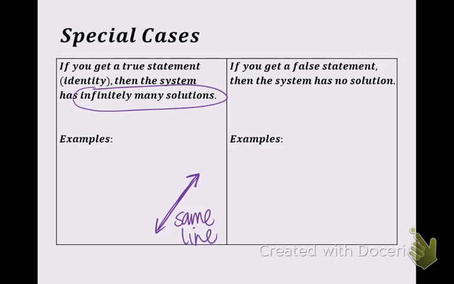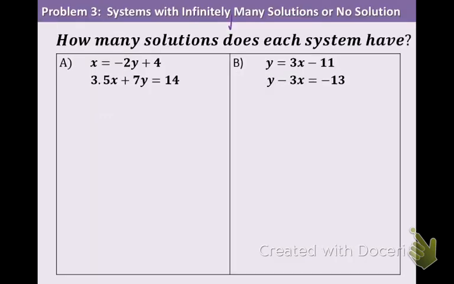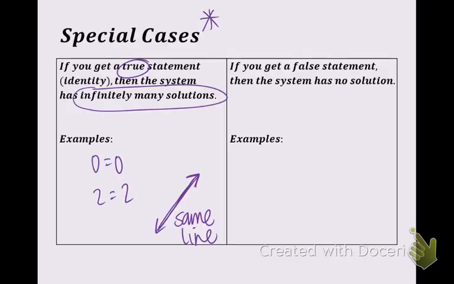A couple examples of true statements are 0 equals 0, 2 equals 2, etc. As you may have noticed, the variables are canceled out. So make sure you write that down. That's really, really important. Variables will cancel out.